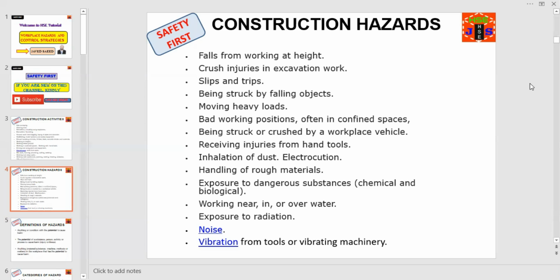These are a few examples of construction hazards.